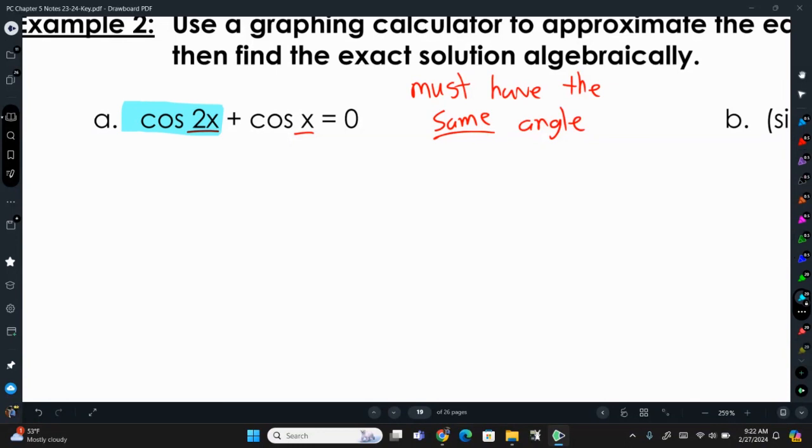So I'm going to use number 32, where we can change it to cosine to the first power, cosine squared of 1x. So according to the sheet, this is equal to 2 cosine squared x minus 1. And then we have plus cosine x equals 0. And it's important to note that that minus 1 is not part of the angle.